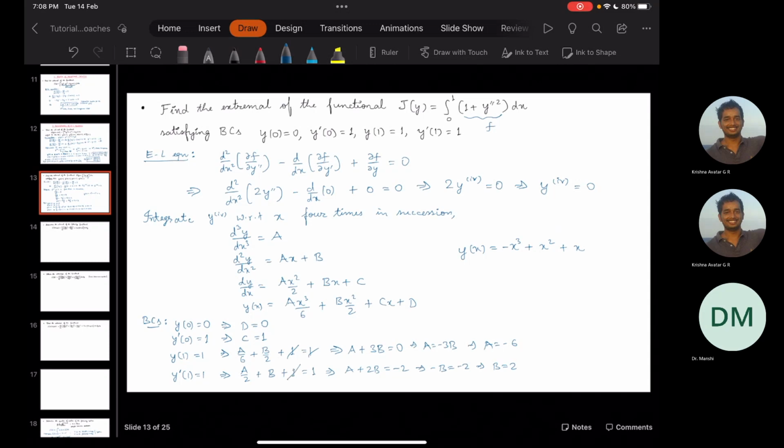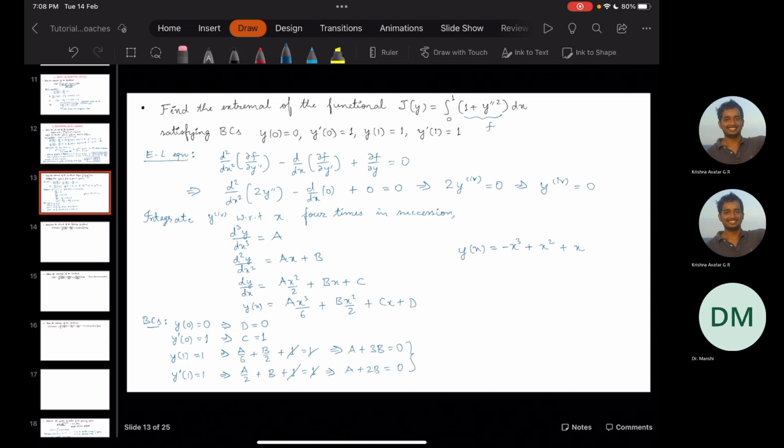So 1 cancels out, actually. So we have 0 here. But what we clearly see from here is that it gives us a very trivial solution, isn't it?